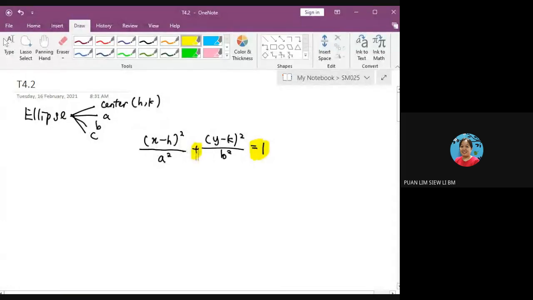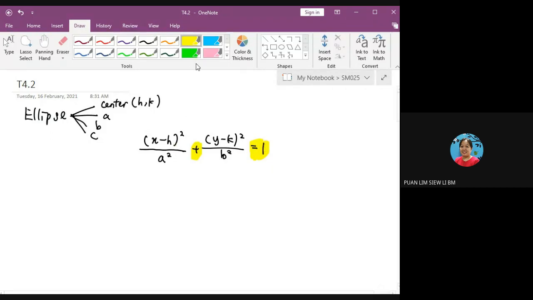If you have a negative here, it will become another shape which is hyperbola, which is already taken out from the syllabus. You didn't learn that. You just learn three shapes in this topic, which are ellipse, then circle, another shape is parabola. Okay, so the standard form must be plus and then equals to 1.